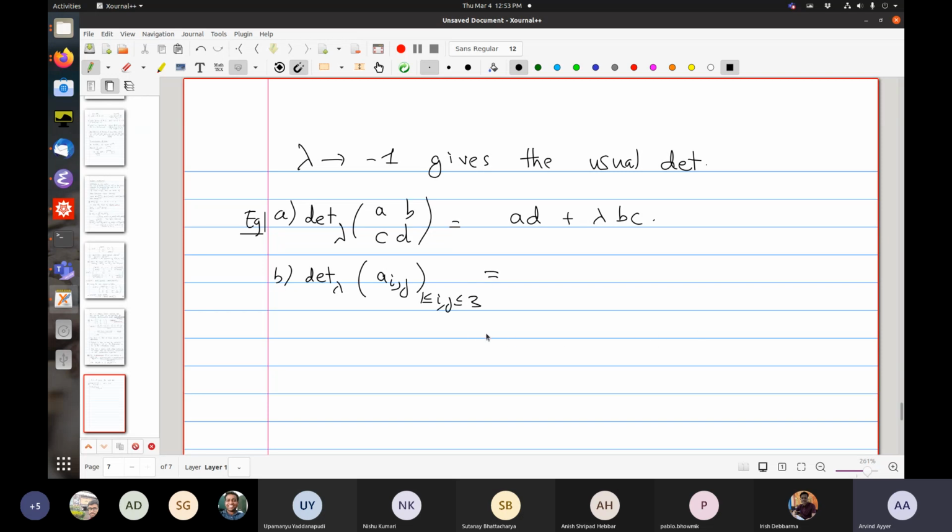Now there are many terms, but I'm running out of time, so I don't want to do the whole calculation. You get A11 A22 A33 just like for the regular determinant, plus lambda A12 A21 A33, plus lambda A11 A23 A32.